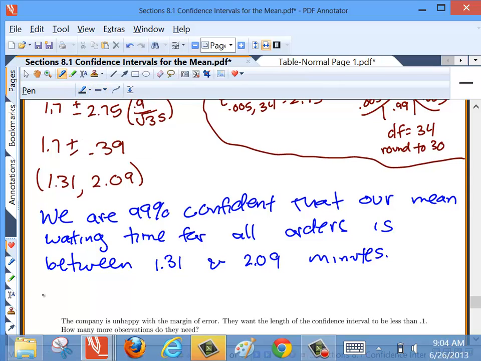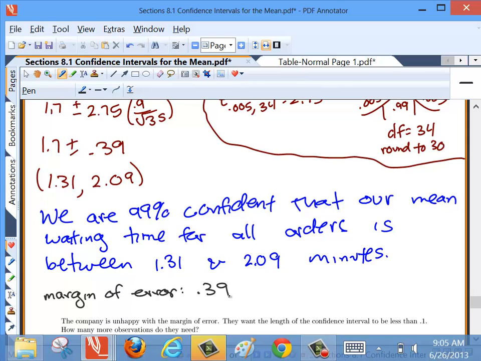And then I didn't ask you this specifically, but what was our margin of error? 0.39. Okay. So for our next part for this problem, the company is unhappy with this margin of error.